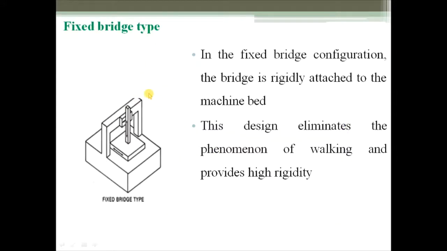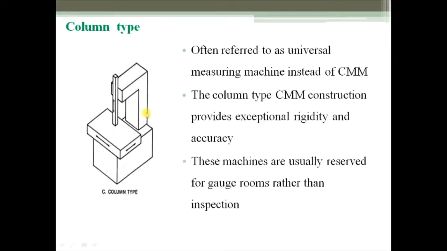Next is the fixed bridge type. In the fixed bridge configuration the bridge is rigidly attached to the machine bed. Due to this design it eliminates the phenomenon of walking that affects the accuracy, and it provides high rigidity.